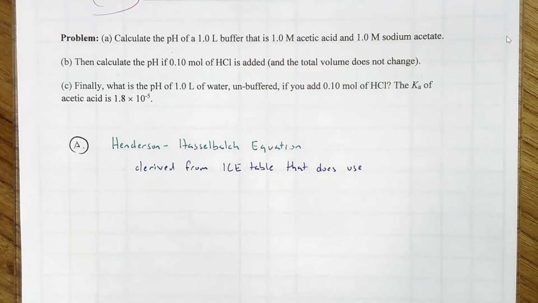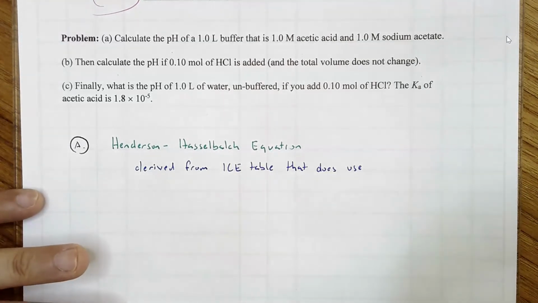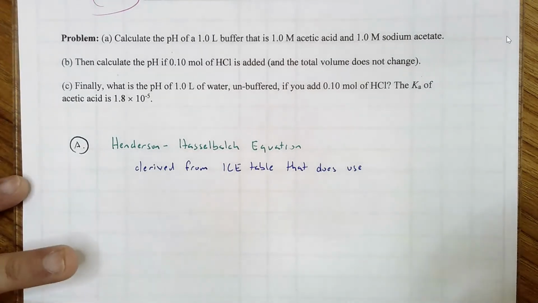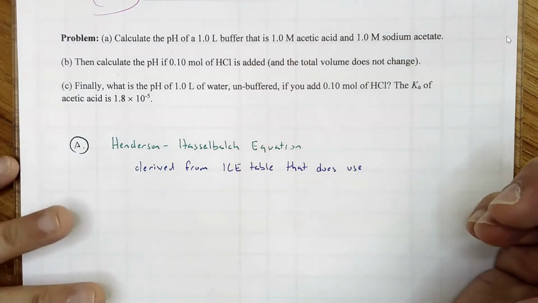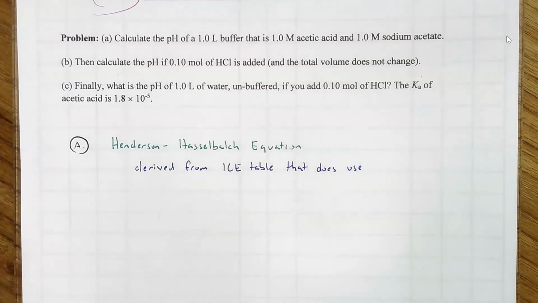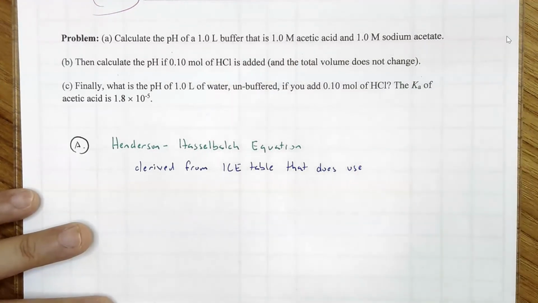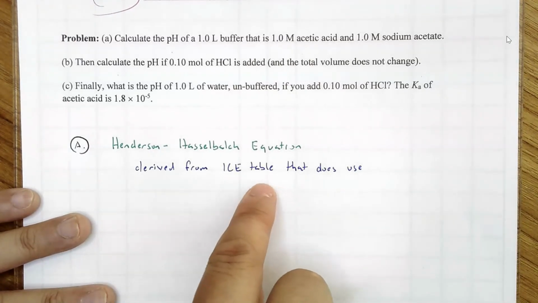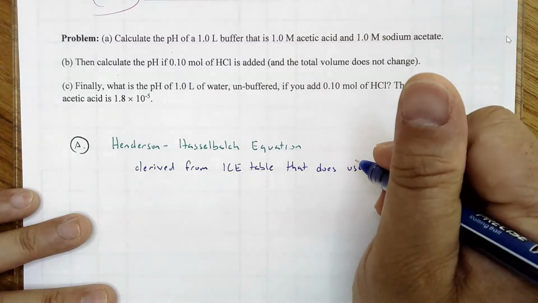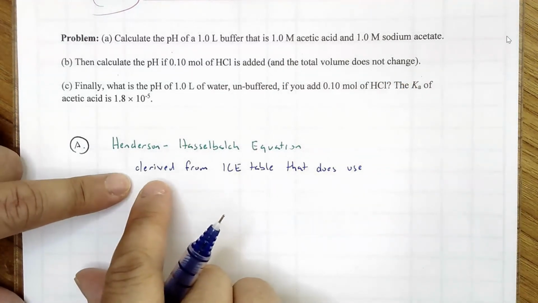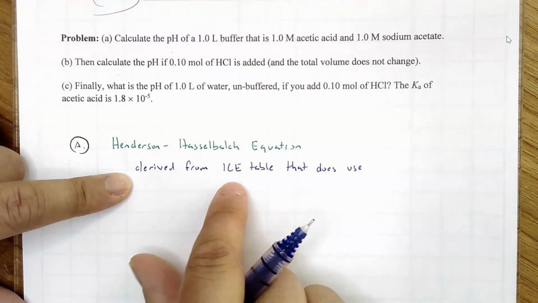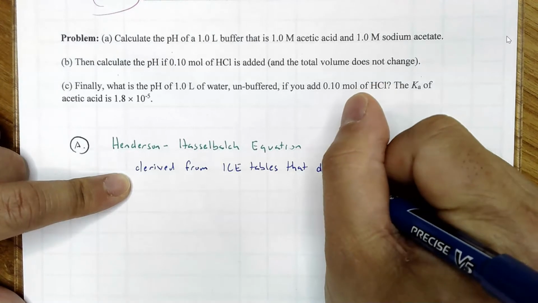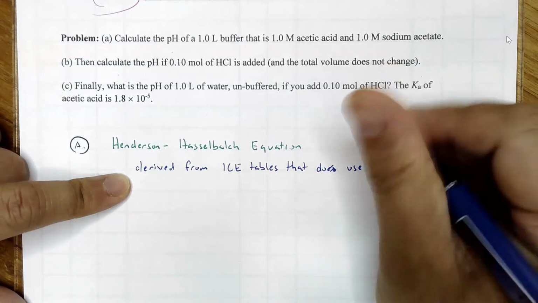Is x really small? In many cases, I think in all the cases where we work with buffers, yes, because remember a buffer is made with a weak acid or a weak base, and the Ka is fairly small, hence x is going to be small. Anyway, it's derived from ice tables that do use extra small.